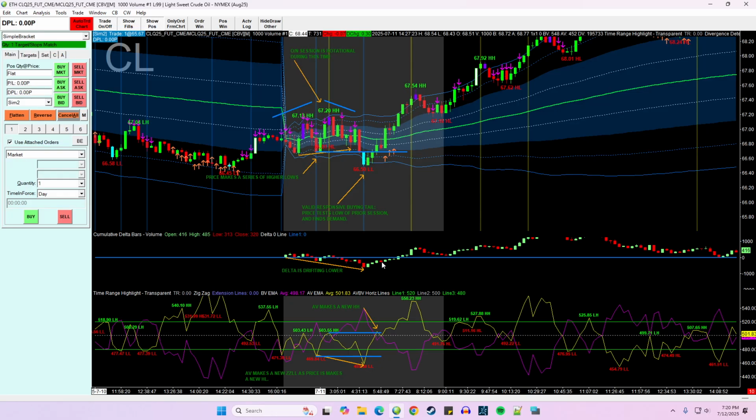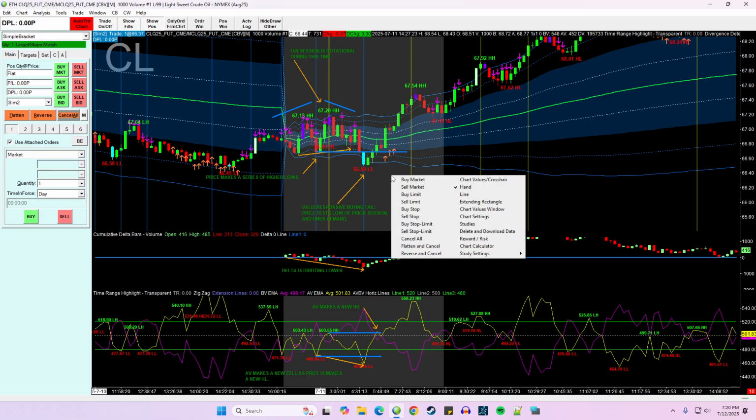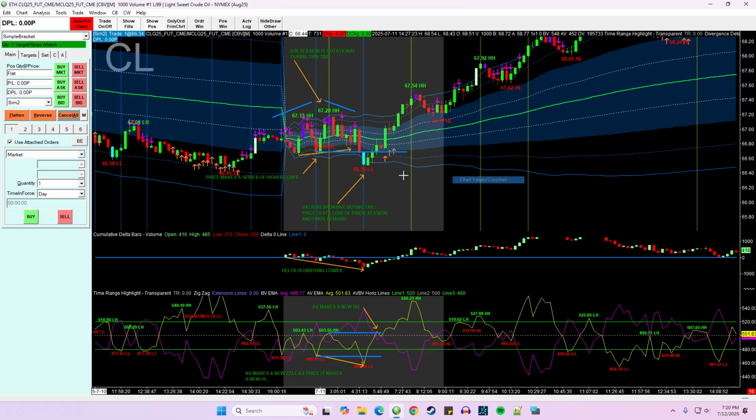The minute it breaks that is pretty much confirmation that right there we get above the prior higher low here. It retests it, and then it takes off.